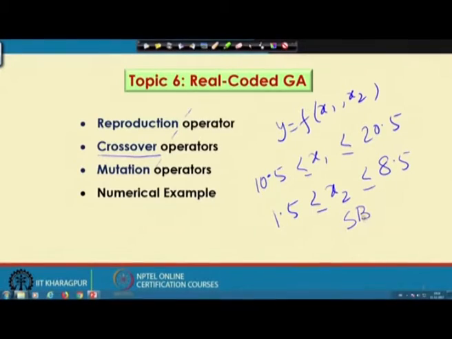The working principle of this simulated binary crossover, that is SBX, I have already discussed in much more detail.